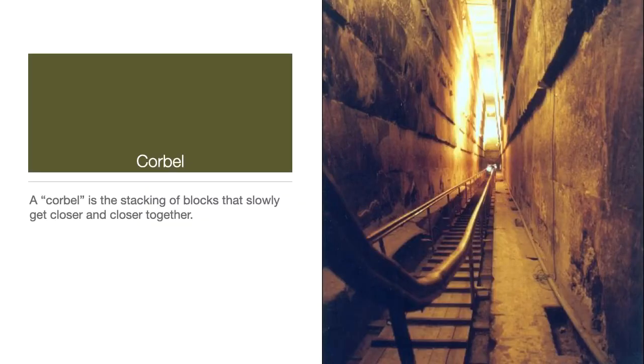A corbel or corbelling is when you stack stones, like seen in this example, and they get slightly closer and closer together as they go up, and you create a vault or a long, tall, triangular structure that creates the roof.